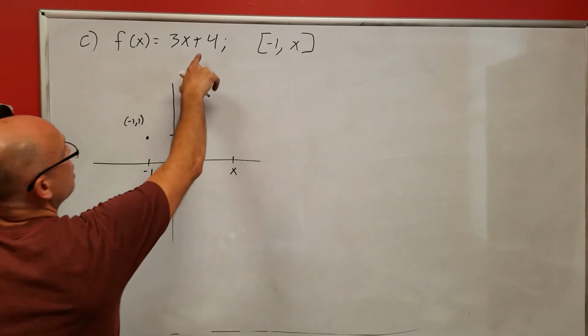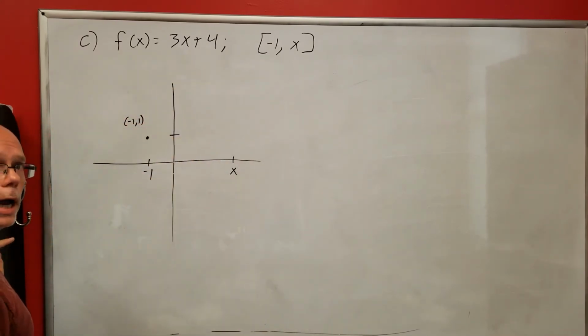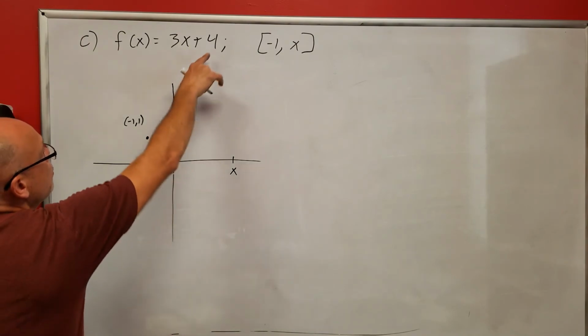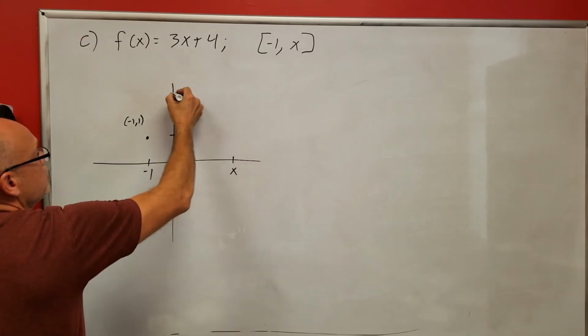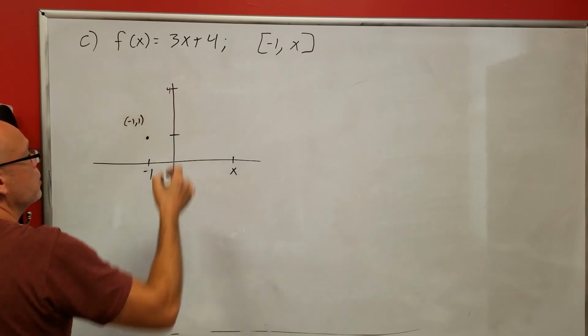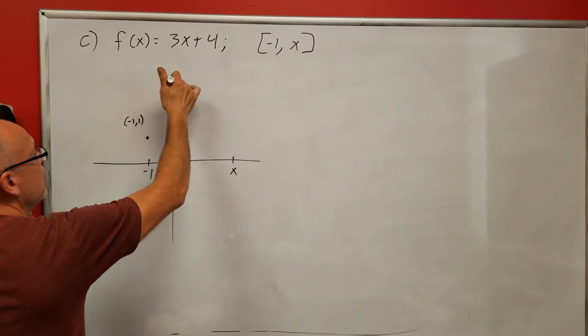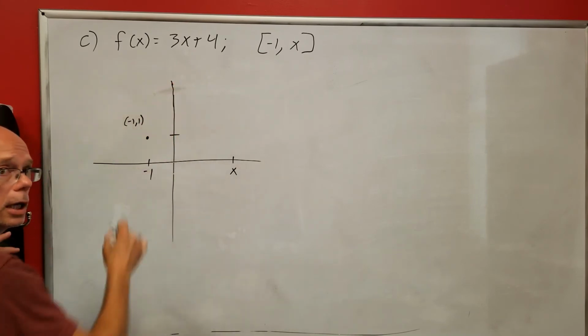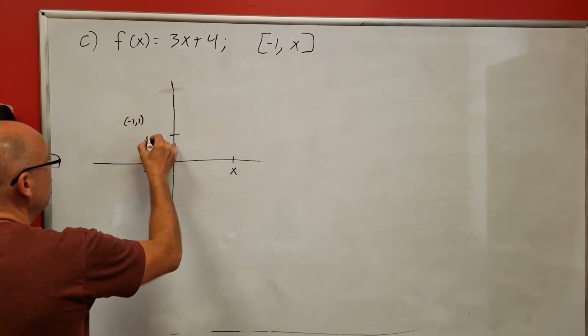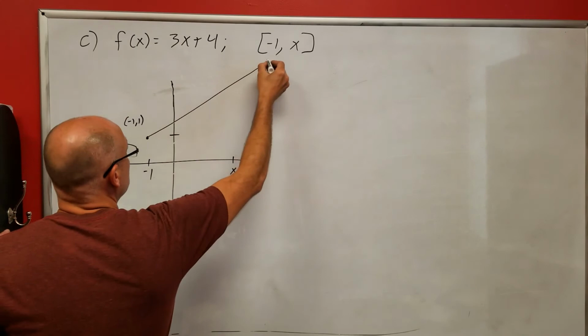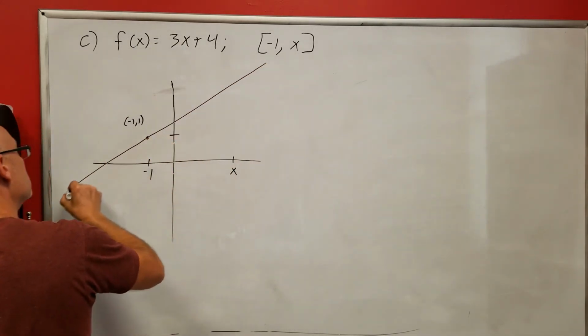Where does this function go through the y-axis? It goes through at 4, right? mx plus b. So I'm going to say that's 4. This is not drawn to scale at all. I don't have enough room to do that, but you could do that on your own paper. I'm just going to draw this so I don't run out of room here on my board.